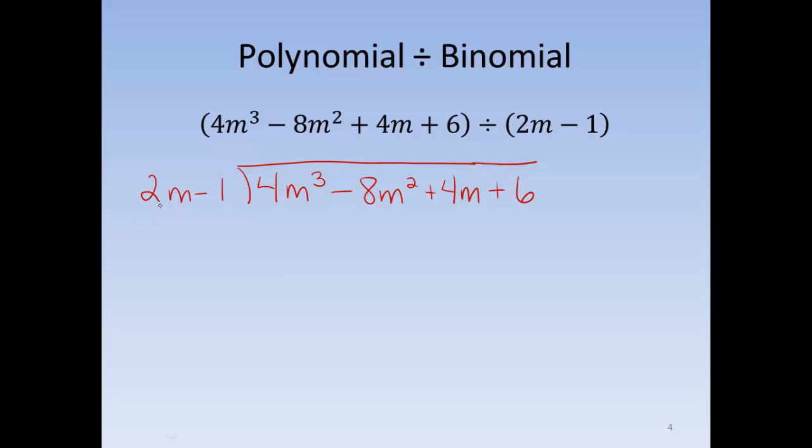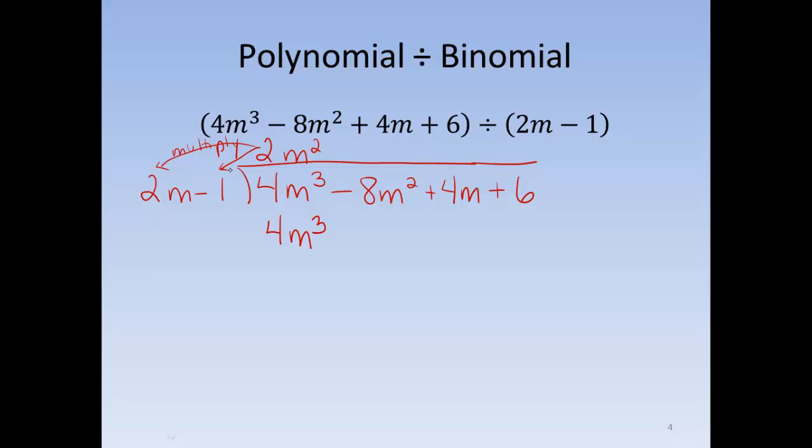Now I'm going to start by taking the 2m and asking, what do I need to multiply 2m by to get 4m to the third? Well, I need to multiply by 2m to the second. And so I am going to multiply these. 2m to the second times 2m is 4m to the third.